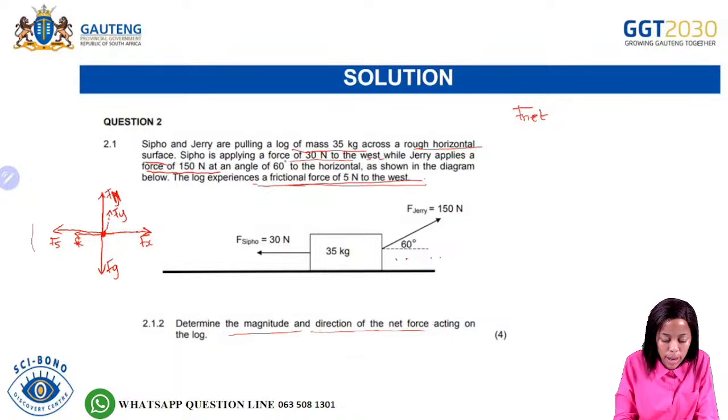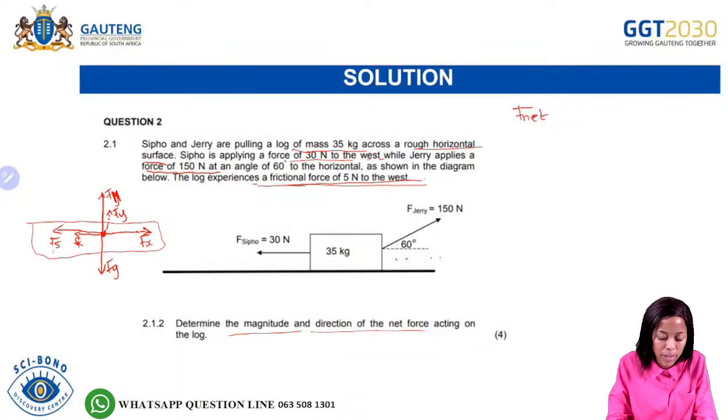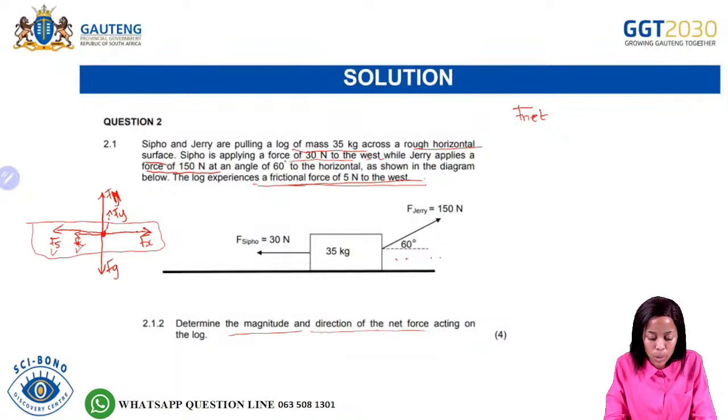On the right hand side we have Fx, which is the applied force representing Jerry. And then on the left hand side we have the applied force representing Sipho, and the frictional force.